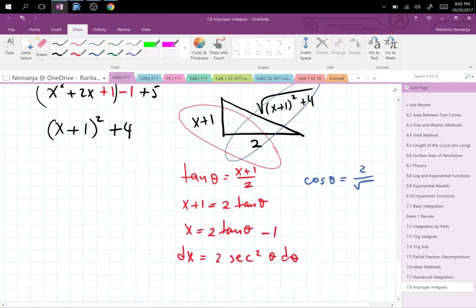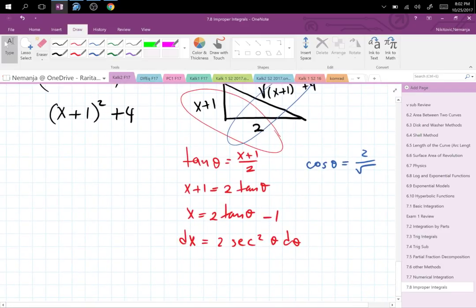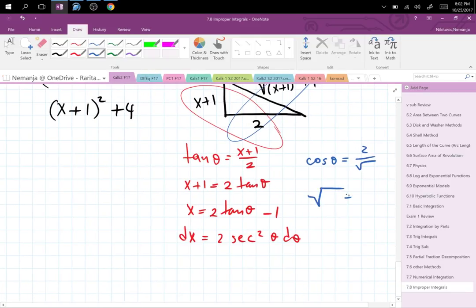I'm not going to write the content of the root every time. And then from there, the square root alone is equal to 2 secant theta. Now, since we don't need a square root, we have to square both sides. And that will give us what we actually need. So the blue equation says that x plus 1 squared plus 4 is equal to 4 secant squared theta. Perfect.